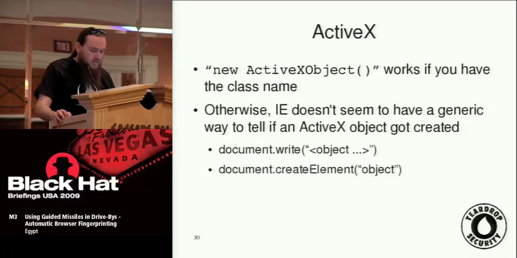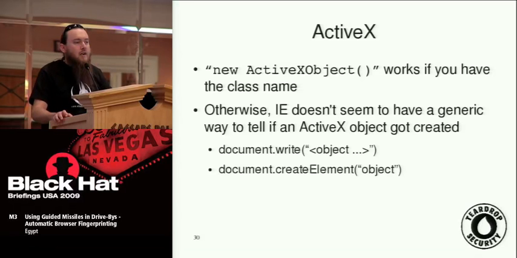So to write an exploit for an ActiveX object, you have to have a class ID or a class name. And if that class ID or class name can be instantiated, then it's there. I mean, if it exists, then you can create it, or if you can create it, then it definitely exists. However, IE doesn't have a generic way of telling whether it worked.